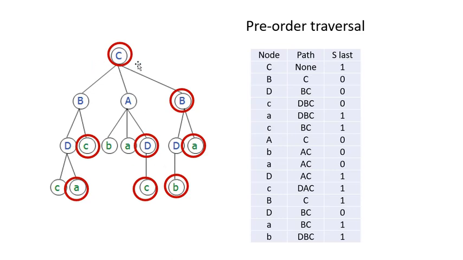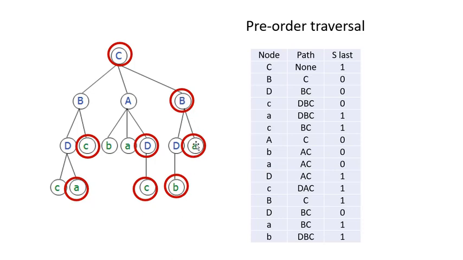For example, in this layer the last node will be C, because this is the only node of this layer. In the second layer, the last node will be B. For the third layer, there are 3 branches, so for each branch, this is the last node of this branch, this is the last node of this branch, and this is the last node of this branch. And for the fourth layer, those 3 are the last node of each branch.